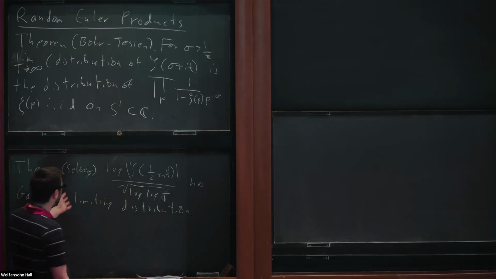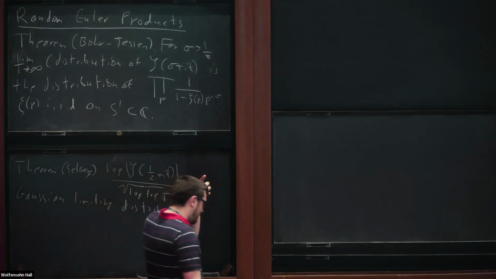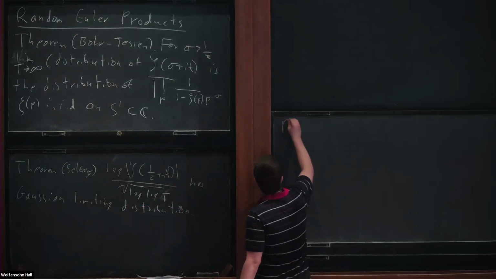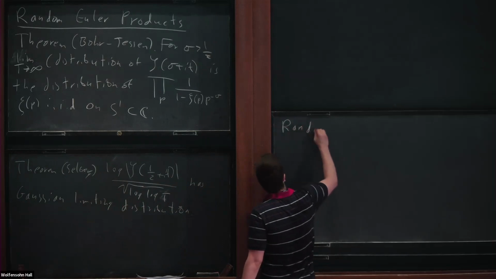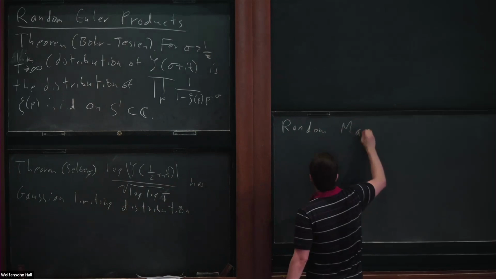To go beyond this and get more precise information, we are in the realm of conjectures rather than theorems. And so the model that is needed to make progress on zeta on the critical line is the random matrix model.